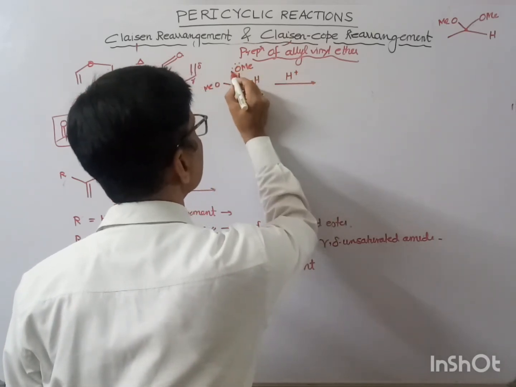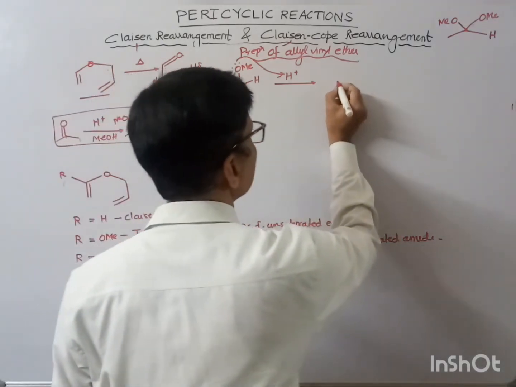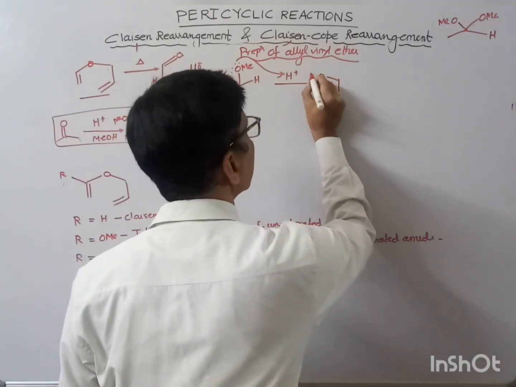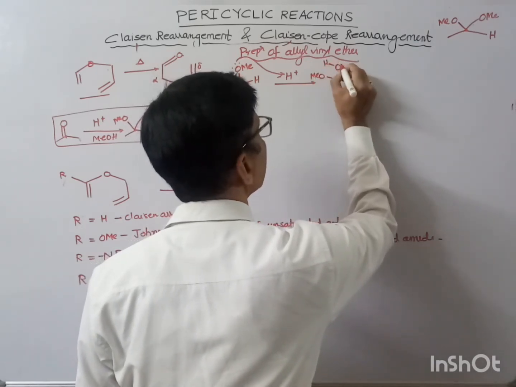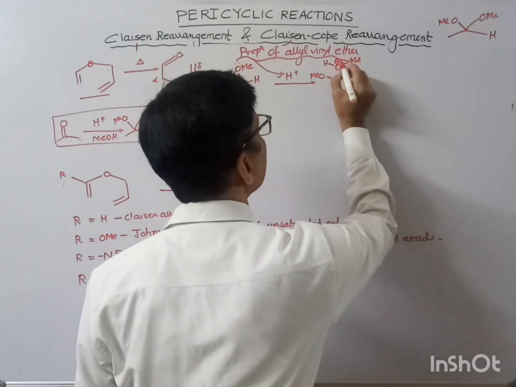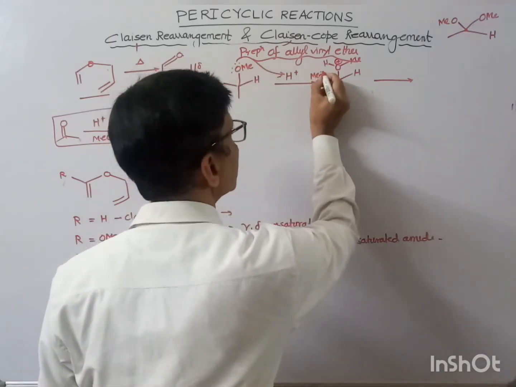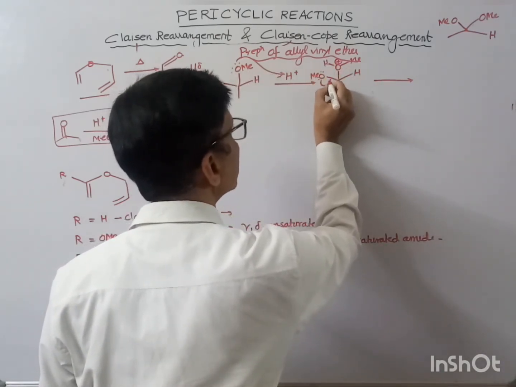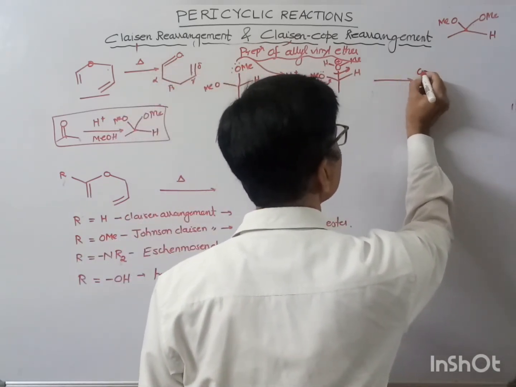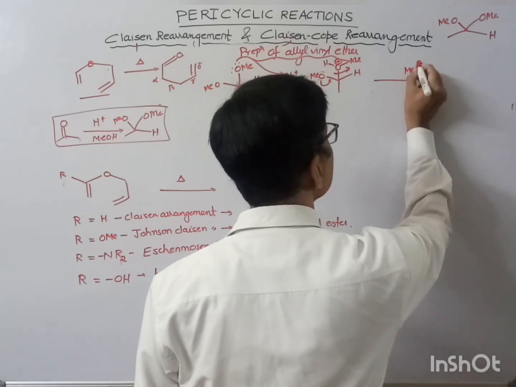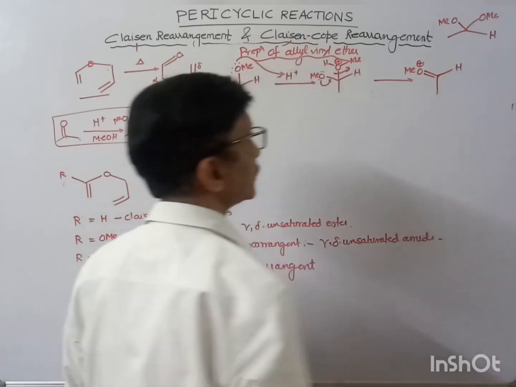So one of these oxygens will get protonated, and after protonation, in the next step, this methanol being a good leaving group, it will leave out, and we have a double bond over here, O and E. On oxygen we have a positive charge, and this would be the product after this.